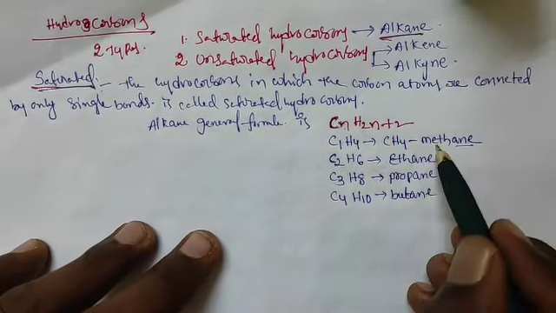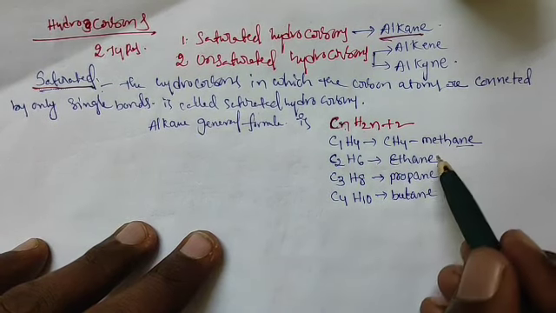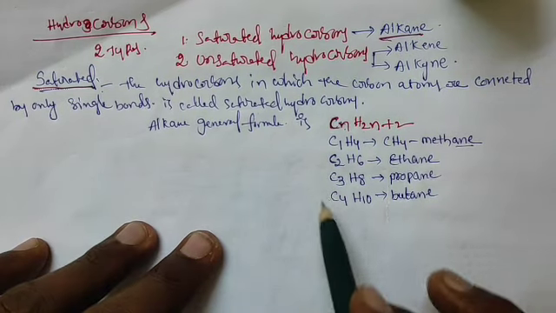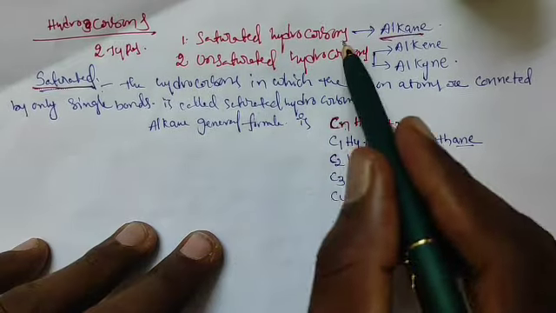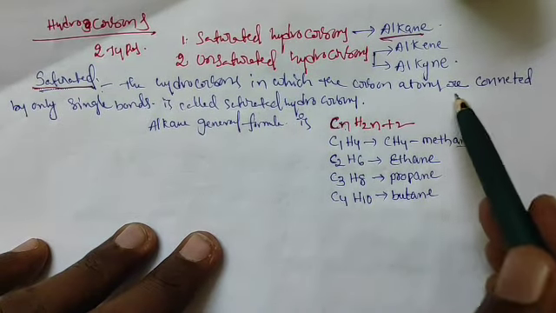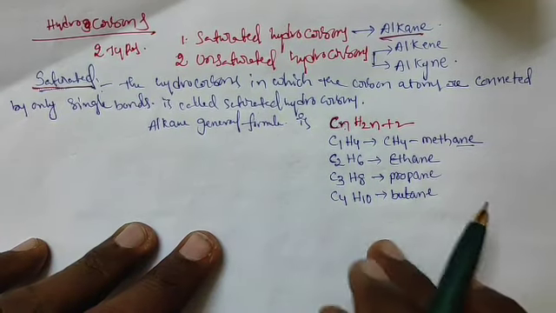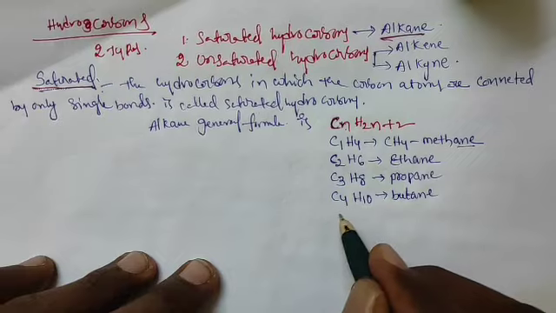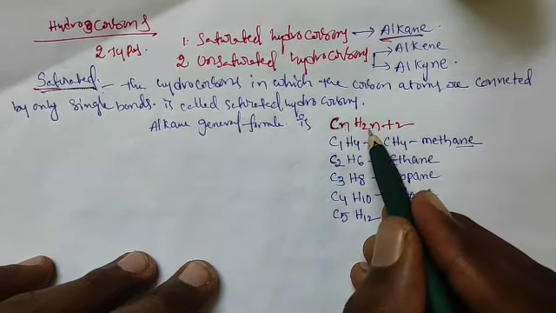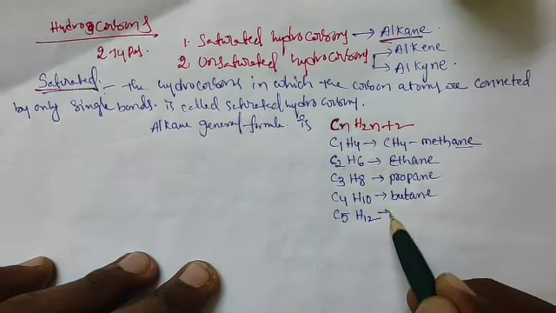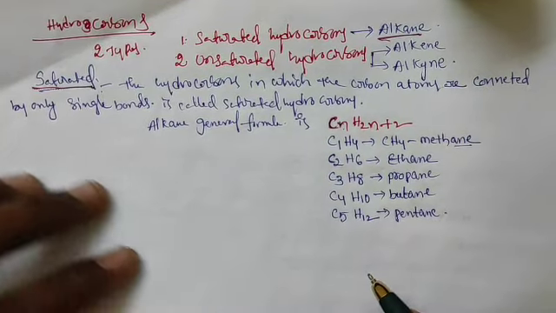So C1 means meth, 2 means eth, 3 means prop, 4 means but. All alkanes have only single bonds in this structure, so the ending ANE will come. The structure we will also discuss, then you can understand. Next, C5H12: 5 into 2 is 10, plus 2 is 12, so this is pentane. Up to 5 is enough.